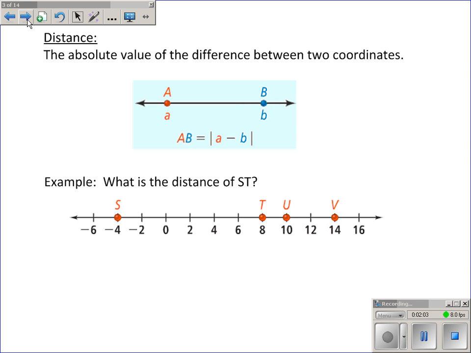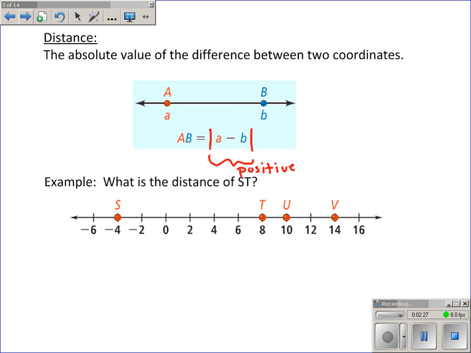The way we define the distance between 2 points is by taking the absolute value of the difference in their coordinates. Remember that these two lines, not parentheses, are absolute value, and what that means is that whatever is in here, we make it positive.